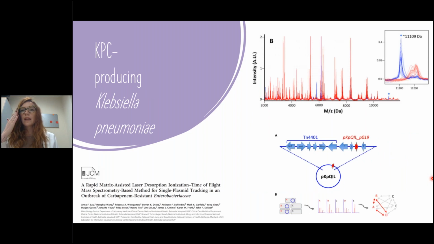In this line, Lasserre published this paper in which she tried to track a KPC-producing Klebsiella pneumoniae by this mass peak at 11,000 Daltons, more or less. And she talked about this mass peak as related to the pKpQIL plasmid, which was present in KPC, or KPC was part of this plasmid.